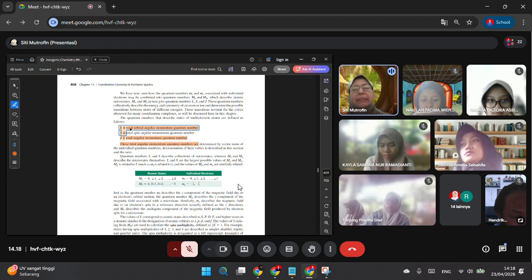This explanation stands for the symbols L, capital S, and capital J.